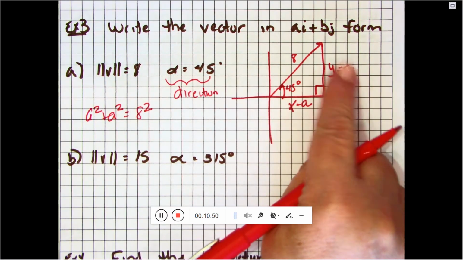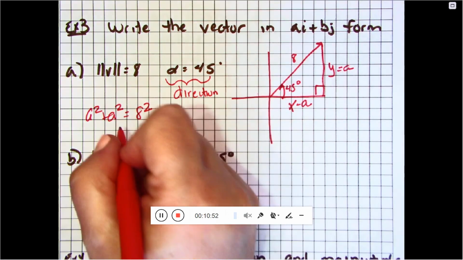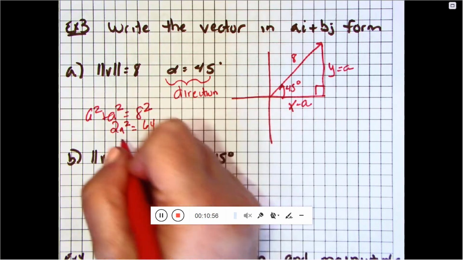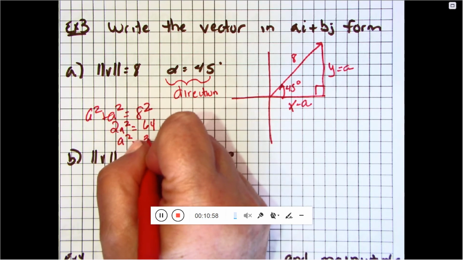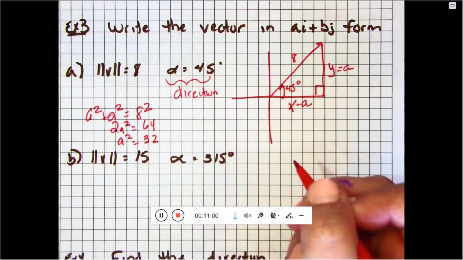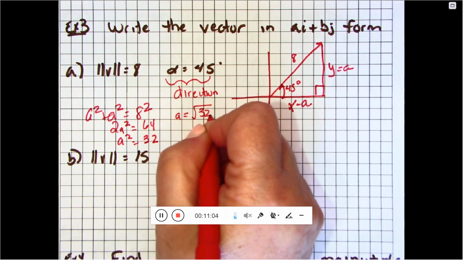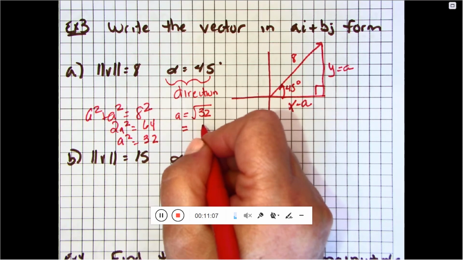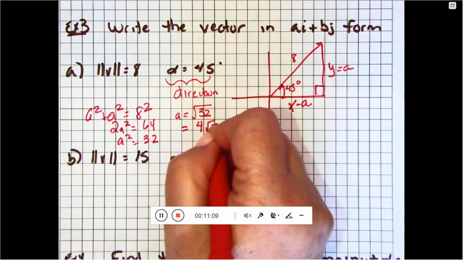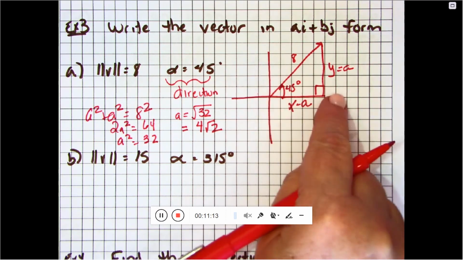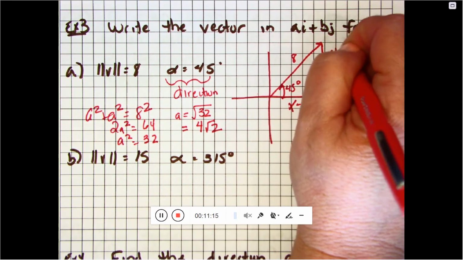Leg squared plus leg squared equals hypotenuse squared. So that's 2a squared equals 64. A squared equals 32. A is the square root of 32, which reduces to 4 rad 2. Or you can remember from your 45-45 right triangles that these would each be 4 rad 2.